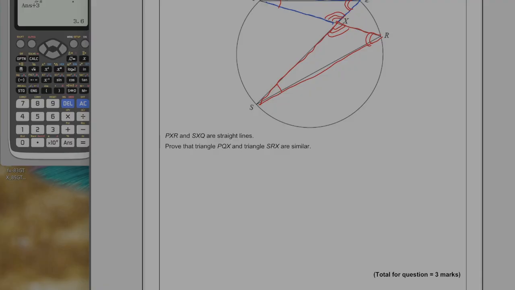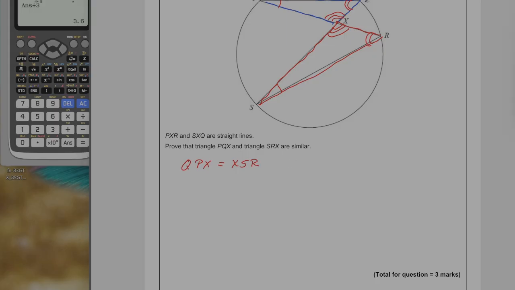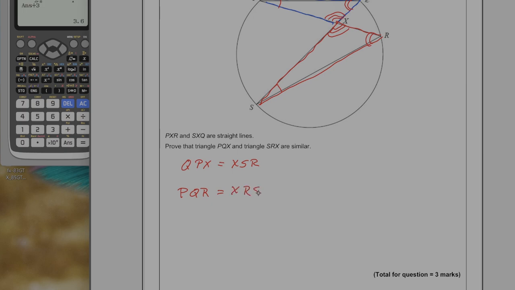So I'm going to say that QPX is equal to XRS. And the same logic is going to say that PQX, I'll explain my reason in a moment, is equal to XSR. And those are the same reason, so I'll put that reason in shortly.